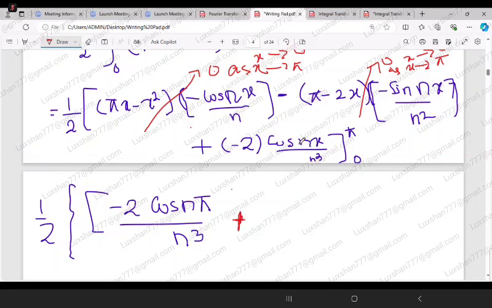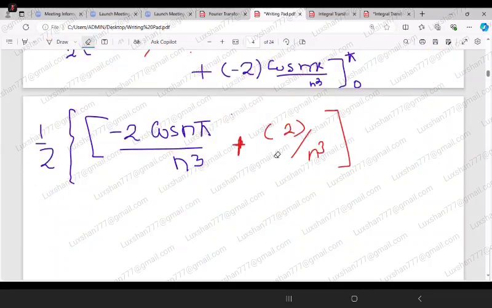When I substitute x equal 0, so cos nx becomes 1. So I will get 2 over n cube. Sorry, not minus 2, that plus 2, no? So if I take 2 out and if I simplify, the 2 gets cancelled, and this one I will get 1 over n cube times 1 minus cos n pi.